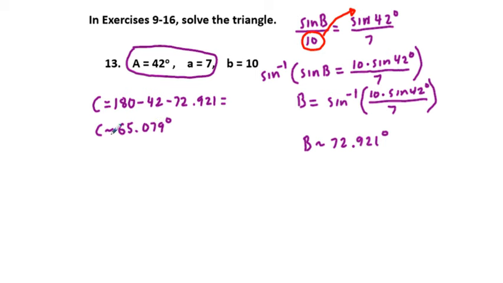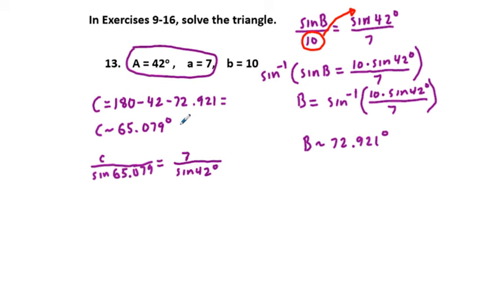and next we want to find side C. Well, side C over sine of angle C, sine of 65.079 degrees, equals side A, which is 7, over sine of 42 degrees.